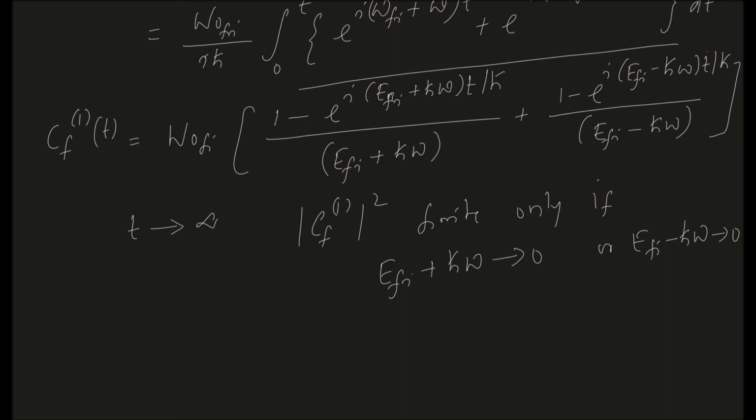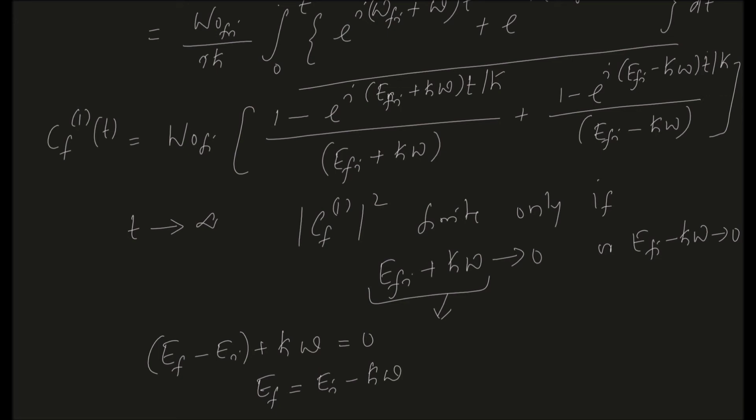So in this limit, when time goes to infinity, you will have a finite value for this probability amplitude C_f1 only if the denominators go to 0. This condition tells you that E_fi, which is E_f minus E_i, plus h cross omega is equal to 0, or that means E_f is equal to E_i minus h cross omega.